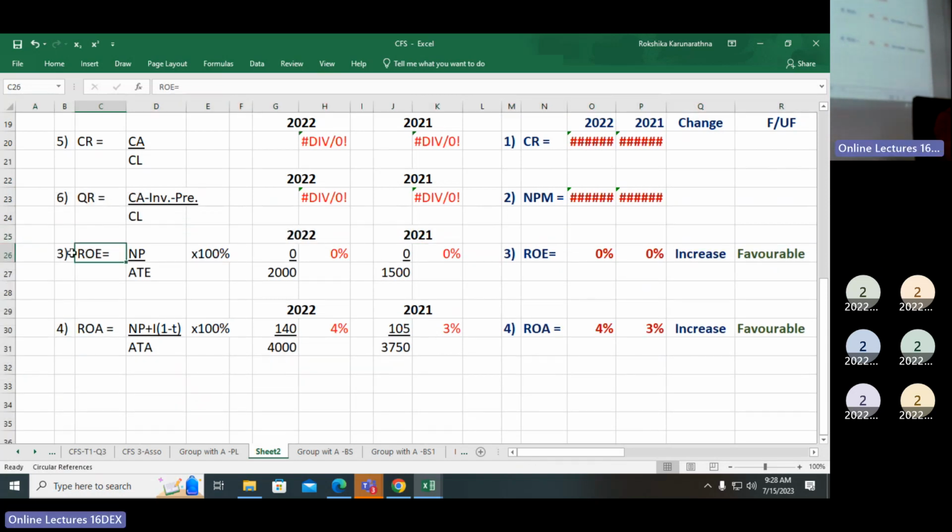Next we took inventory turnover. Inventory turnover is cost of sales divided by average inventory.